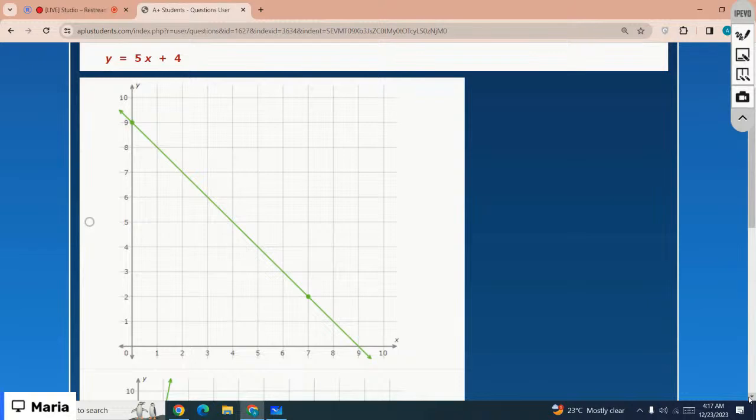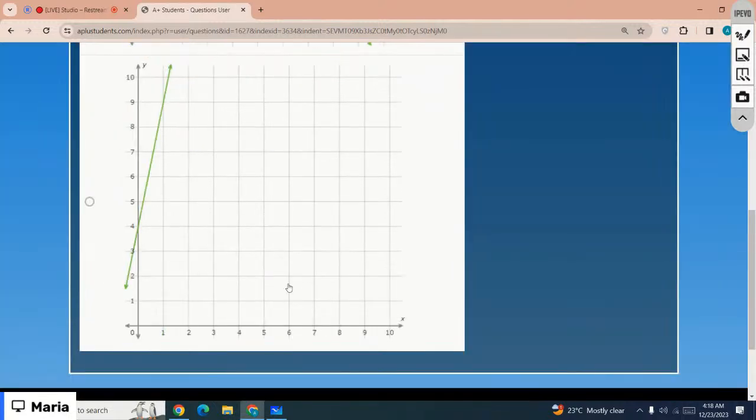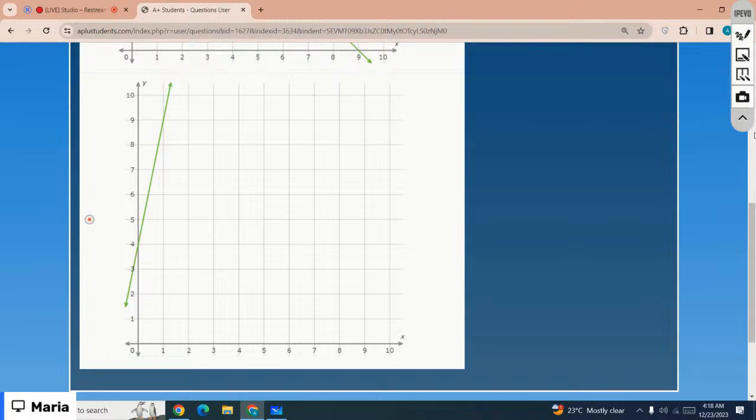That means slope is 5 and y-intercept is 4, right? So just see if the first graph is the solution. First graph is not the solution, right? Because the slope is 5 and the y-intercept is 4. That means the graph must pass through the point 4 on the y-axis. Here it is. And the slope is 5, so change in y is 5 and change in x is 1. So option number 2 is the correct option. Got it? Yes, it is option number 2.